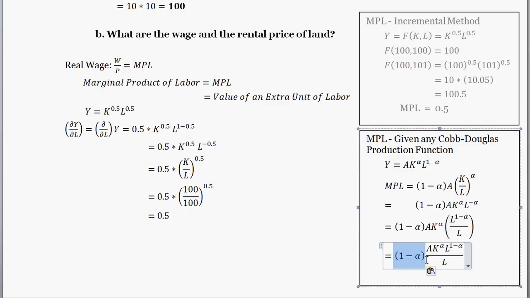So this is all still the marginal product of labor. All I've done is rearrange exponents and added and removed terms to keep it equal to the same thing. And you have a 1 minus alpha times A k to the alpha L to the 1 minus alpha. Notice that this is just the production function up here. So this is just y. And then all that divided by the quantity of labor.